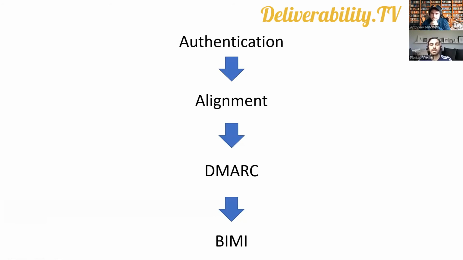Set up DMARC on your from domains, and then monitor these reports, because usually you not only use one tool or one provider to send emails. Sometimes you have a shop, you have a newsletter, your normal working emails and so on. So there are different sources that you use for sending email, and you need to be sure that all of them are authenticated correctly, aligned correctly, so that DMARC is passing.